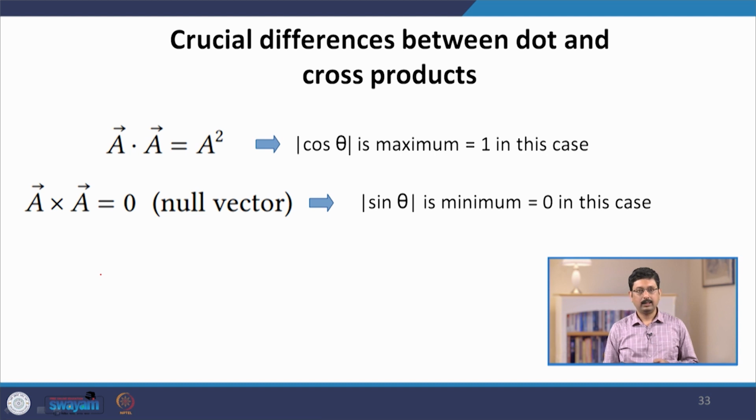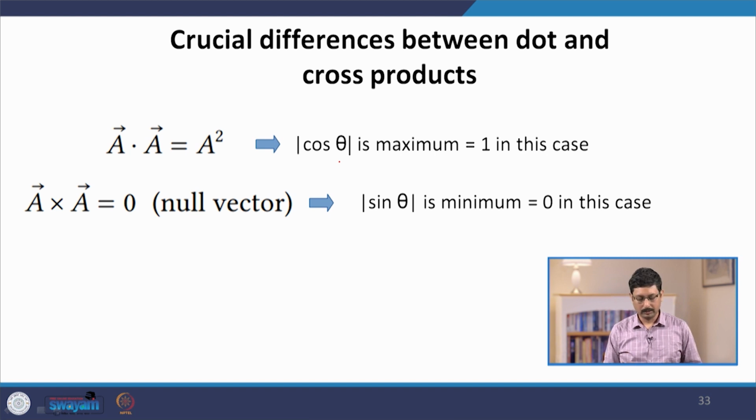Next, as we verified for the case of unit vectors, if you take the dot product of a vector with itself, you get the magnitude squared. So, A dot A is A squared, because when theta is 0, cos theta is maximum, which is equal to 1.